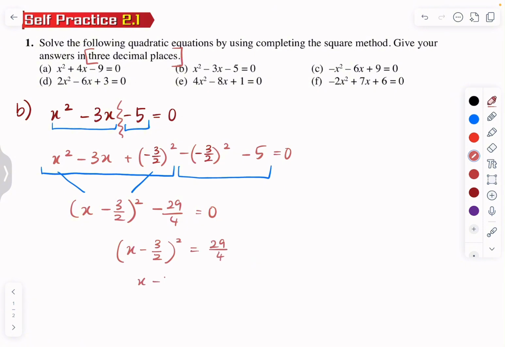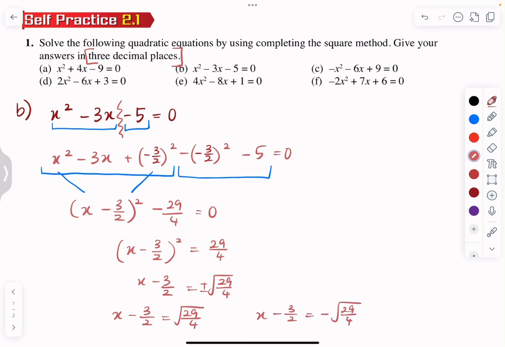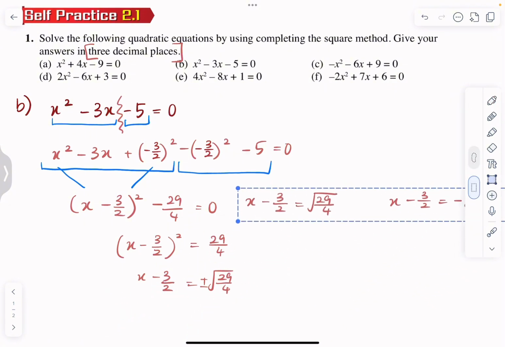Then x minus 3 over 2 will be plus minus the square root of 29 over 4. So x minus 3 over 2 will be positive square root of 29 over 4, and x minus 3 over 2 will be negative square root of 29 over 4. We bring this over here.